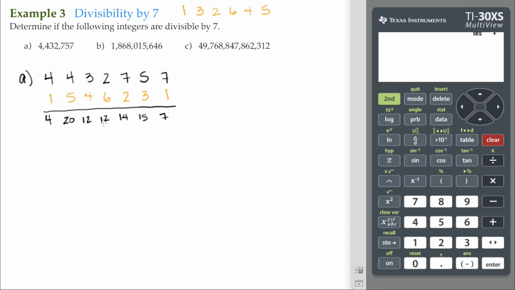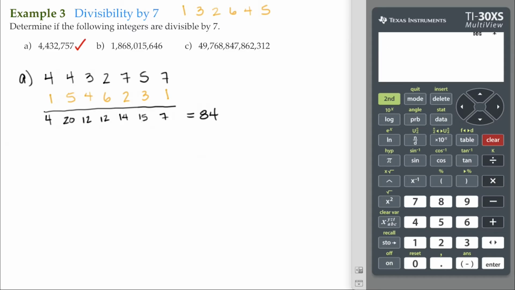And if the sum of these digits is divisible by 7, then the whole number here is also divisible by 7. So if we add all these up, these come out to be 84. And 84 is divisible by 7. 7 times 12 is 84. So therefore, 4,432,757 is divisible by 7.